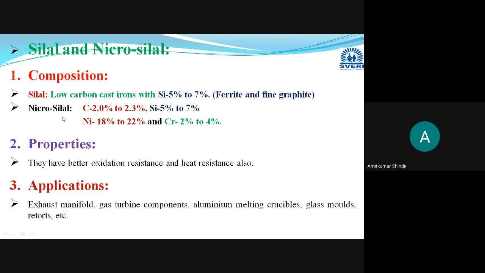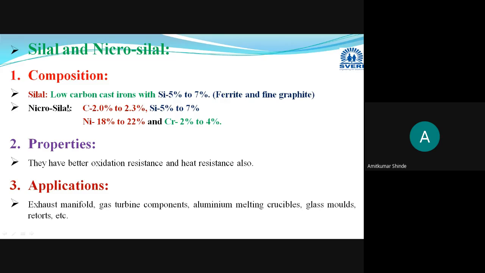And what is the nicrosilal? In the nicrosilal, in addition to the low carbon cast iron with silicon, we are adding nickel and chromium. Ni for nickel and Cr for chromium, that's why it is termed nicrosilal.